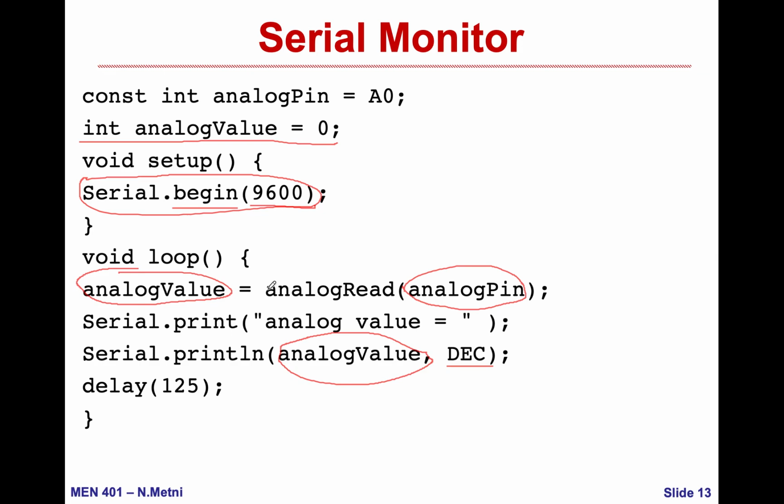Next line I will put the value, then delay 125 milliseconds, then read again from A0, print again "analog value equal", and print again the value that was read from the analog read. So you will see analog value equal 200, analog value equal 100, and so on. By changing the temperature on the sensor, you will see what values are output.